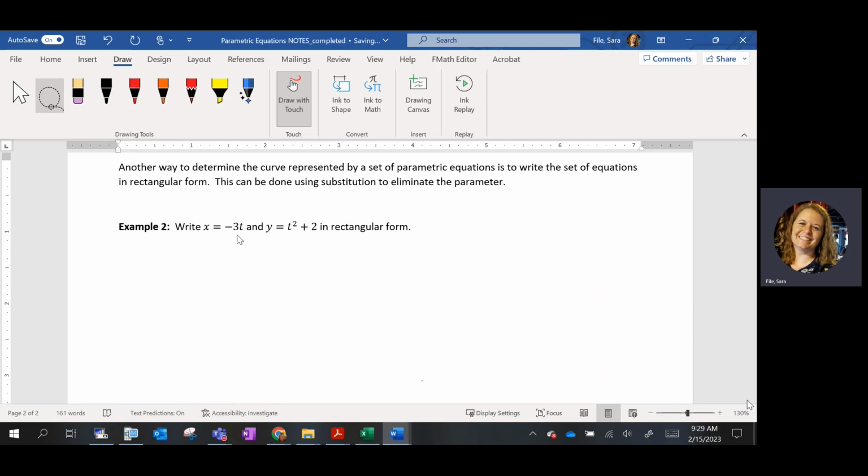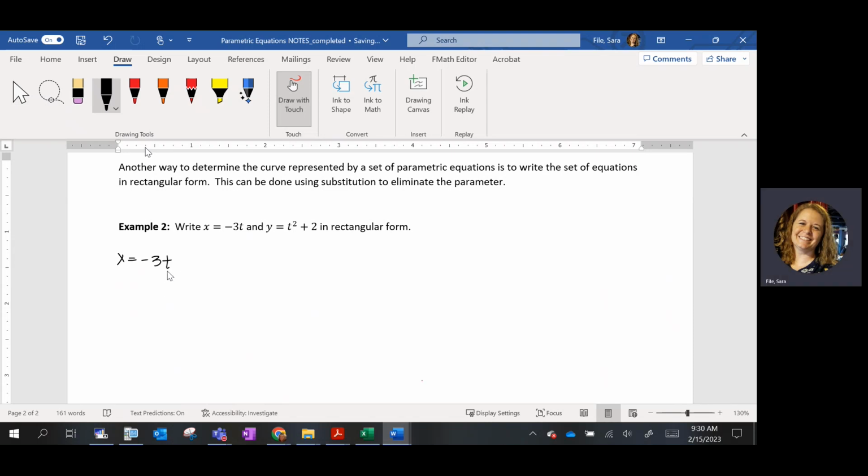Okay, so which one of these would be easier to solve for t? I think the x, because over here t is squared and I'll have to end up with positive, negative, all that equation. So I think this x equation is going to be the easier one to solve for t.